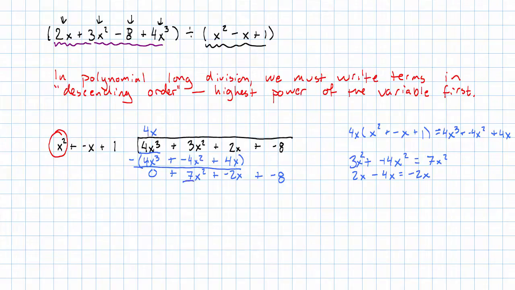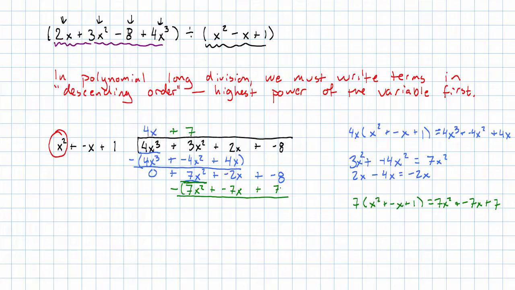X squared into 7x squared. 7 divided by 1 is 7. X squared divided by x squared is just 1, so we don't need to write anything. We'll have our 7 times x squared plus negative x plus 1, 7x squared plus negative 7x plus 7, and one last round of subtraction. 7x squared minus 7x squared is 0.